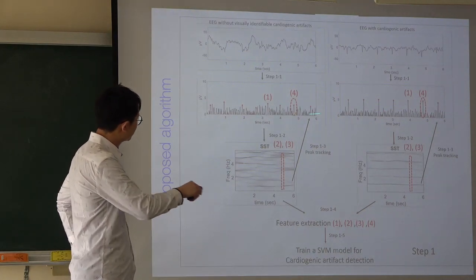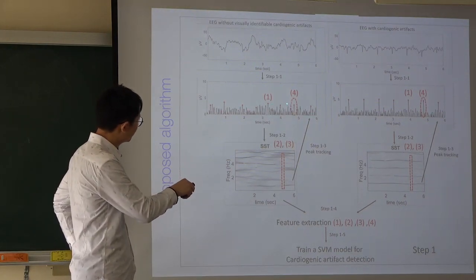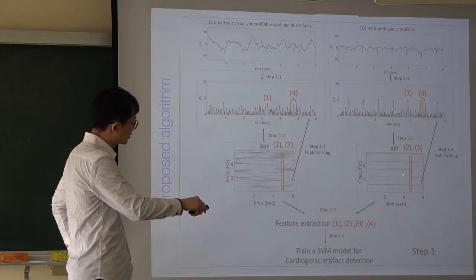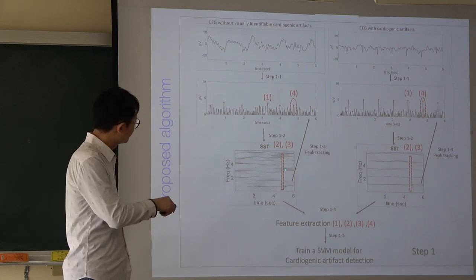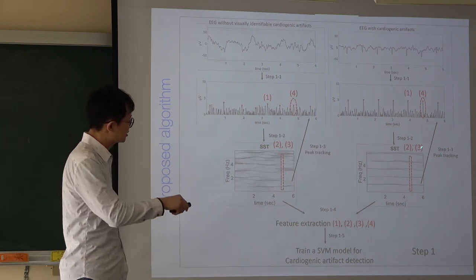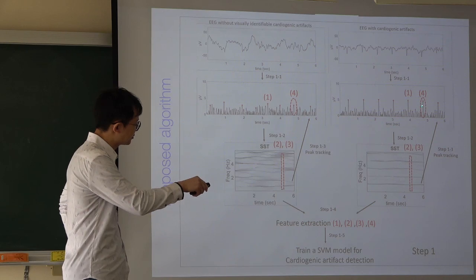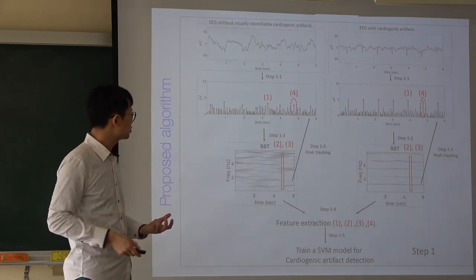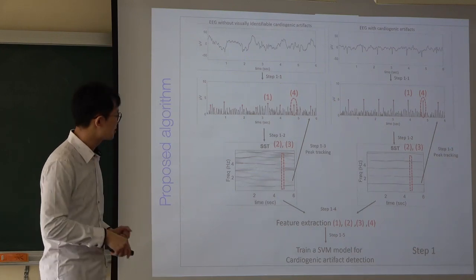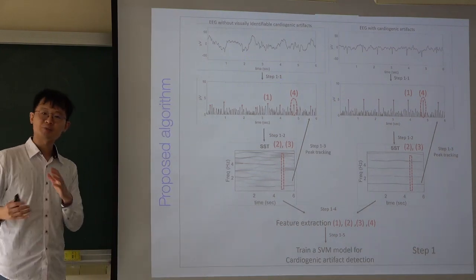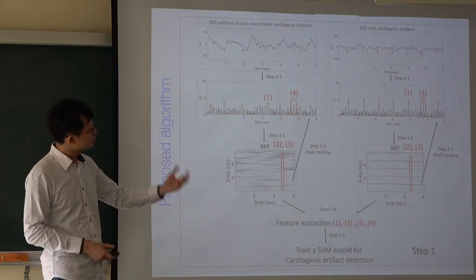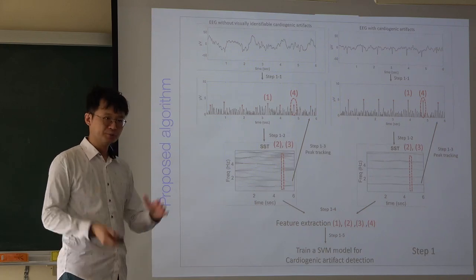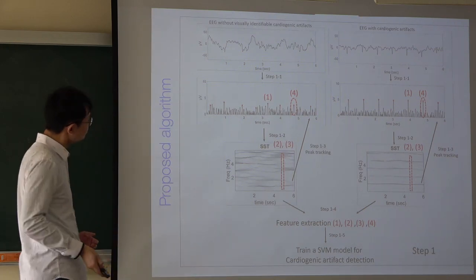Then we detect peaks, local peaks. You can detect local peaks, even local peaks. And once you get the peaks, you focus on the frequency concentration in the frequency axis at the location of the peak. And you can determine some features. Those features, we can train an SVM model and combine with experts' annotation of whether you have or do not have cardiogenic artifact, to predict cardiogenic artifact.